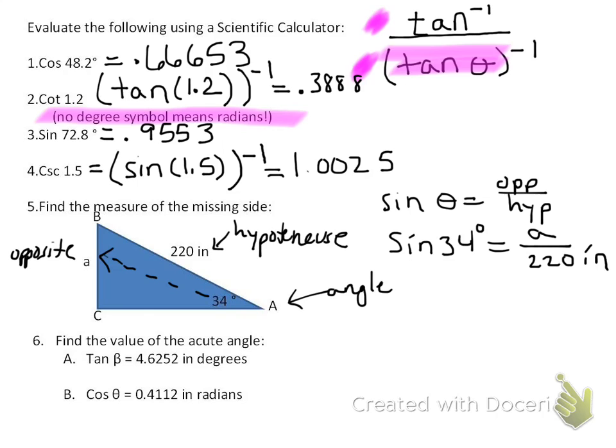All right, so everybody put your calculators back to degrees. What's the first thing that we have to do? First thing we're going to do is take the sine of 34. So I want everybody to take the sine of 34. Do not clear out your calculator. So your sine of 34 should have given you 0.5 something something something.